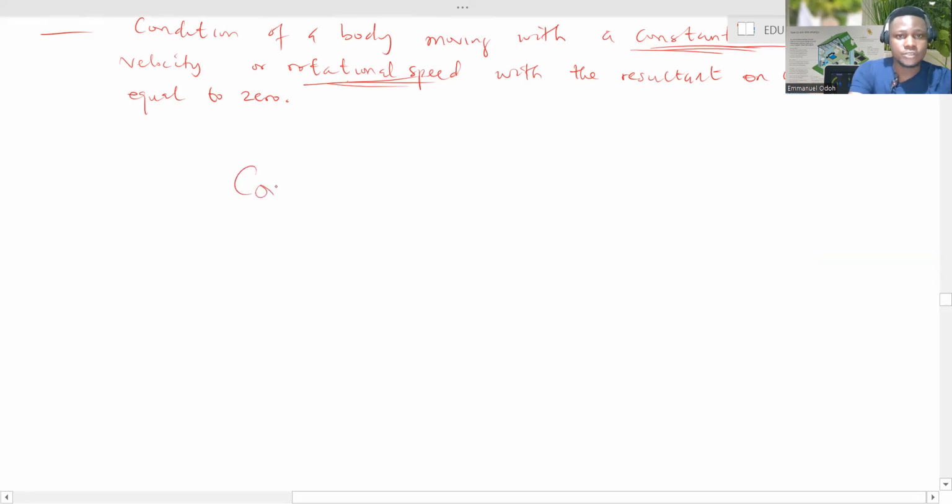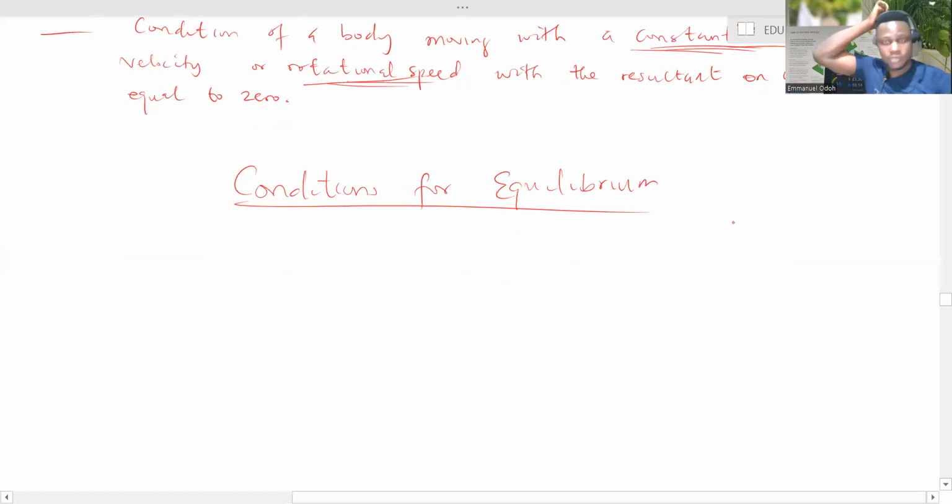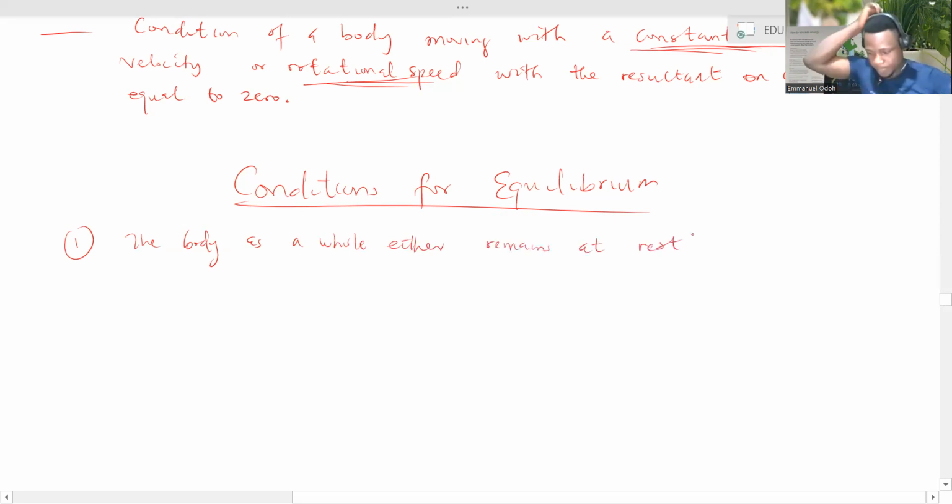So a body is said to be in equilibrium when, number one, the body as a whole either remains at rest or moves in a straight line, almost in a straight line, with constant speed.